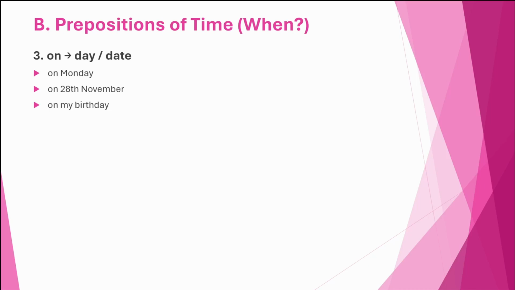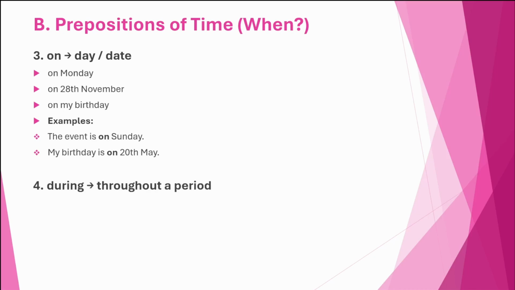Or the third one could be on my birthday. For example, the event is on Sunday. That is, the event is planned to occur exactly on Sunday. The second one is, my birthday is on 20th May. That is, my birthday occurs exactly on 20 May.